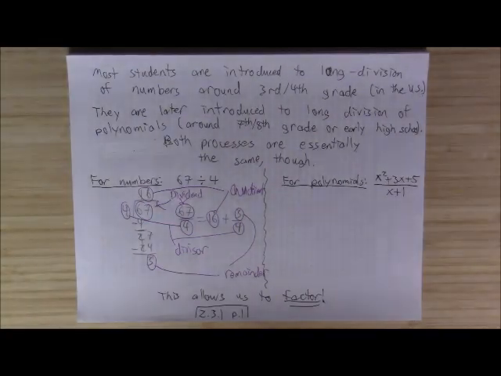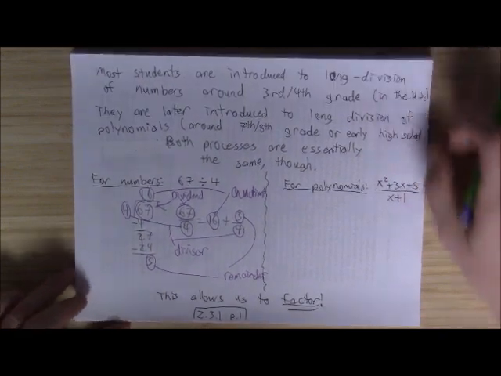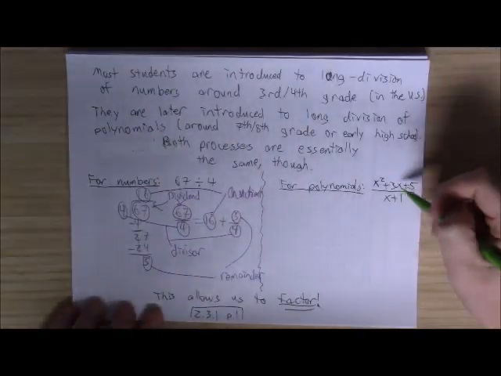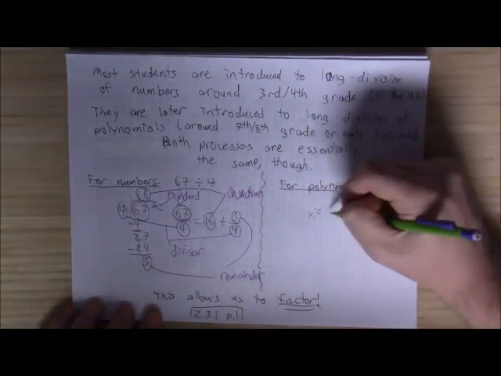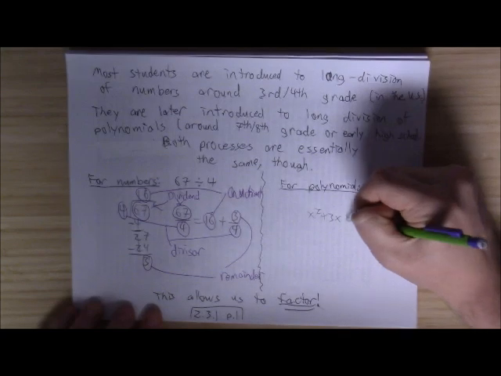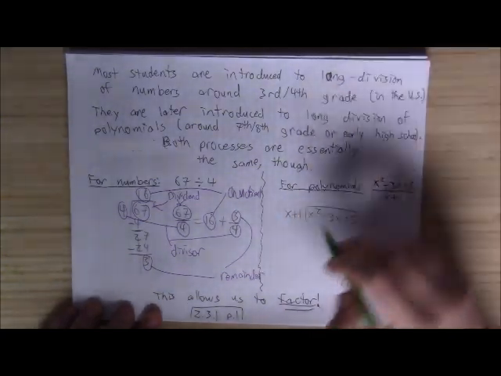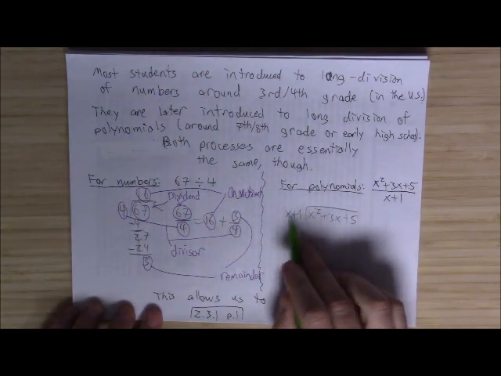But the most important thing is that we can learn a lot about this and proceed to repeat the same thing with polynomials. That is, to do this division, we write out x squared plus 3x plus 5, and we're going to divide it by x plus 1. Well, again, we want to match this term by multiplying this term by something.